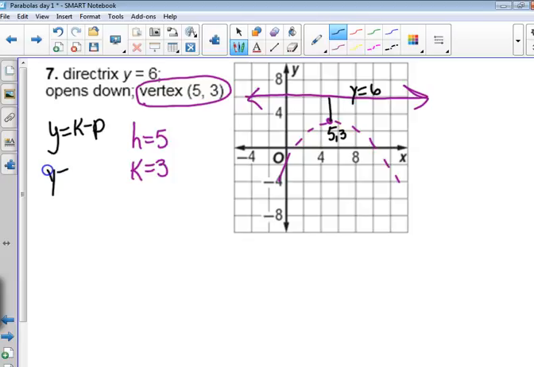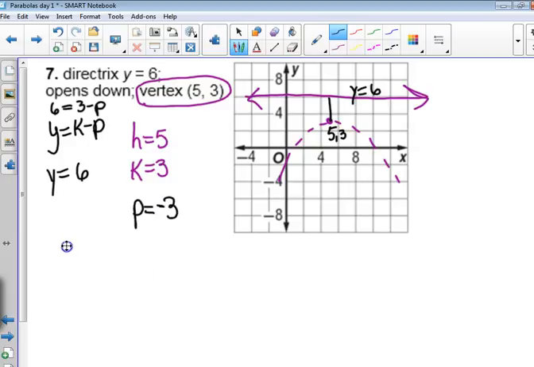So if I know y equals 6, and I know k is 3, I can put that in here. 6 equals 3 minus p, and solve, and you get what? p is actually not 3, it's what? Negative 3, because it's opening down.